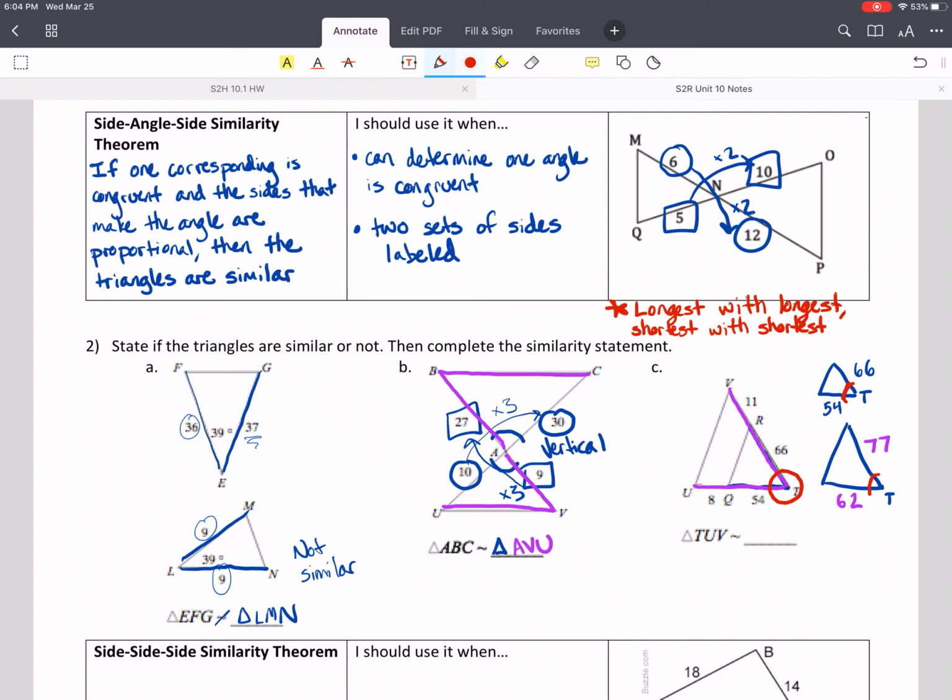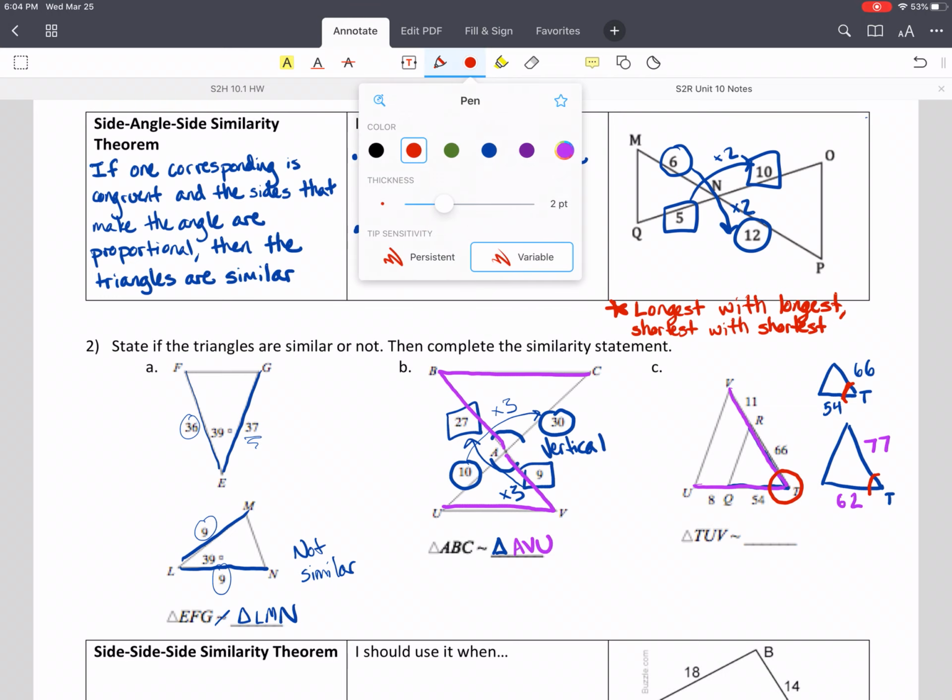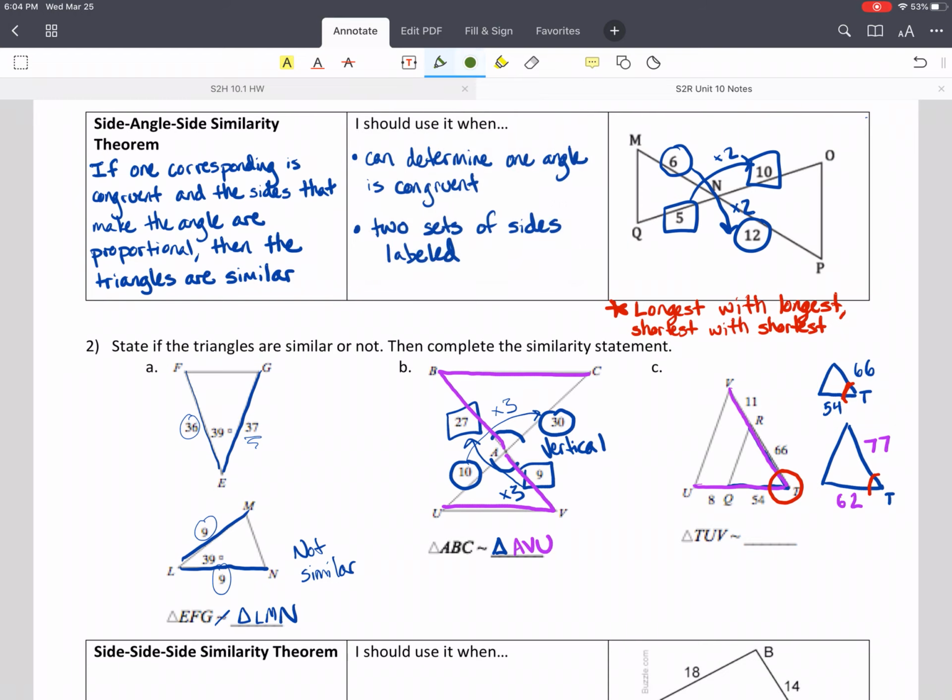So now I can just look at the proportionality in the side lengths. So I'll go to green. Okay, I look at this and I could see that 66 goes with 77, 54 goes with 62. I don't know the scale factor off the top of my head, so I'll set up a proportion. You go 66 over 77 equals 54 over 62.